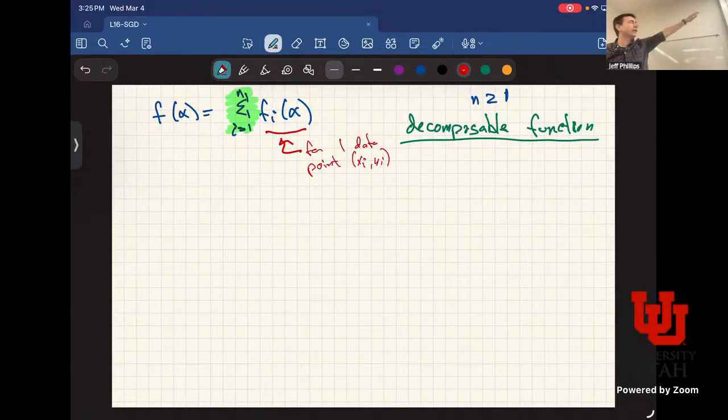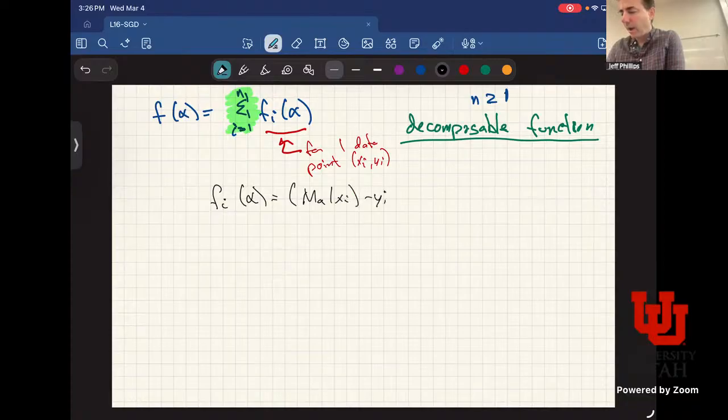So this is very common to get these decomposable functions as the loss functions we want to optimize. It's the sum of the contribution of every data point towards how well the model fits, right? So in this case, again, it is f_i of alpha, remember, is m alpha xi minus yi squared, right?